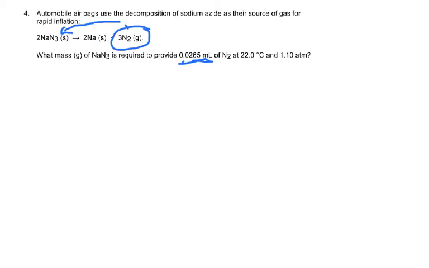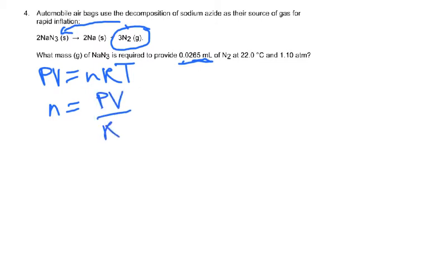So let's do this. Let's write the ideal gas law. PV is equal to nRT. We want to rearrange this to solve for n, so n is equal to PV divided by RT. We're given P, we have V, but we have to convert V into liters. We have R, we have T, but we have to convert T into Kelvin.